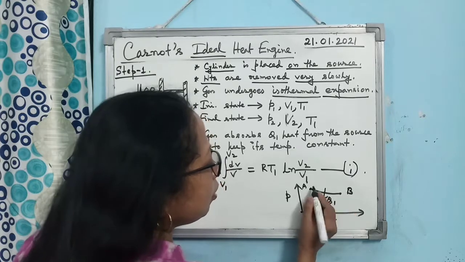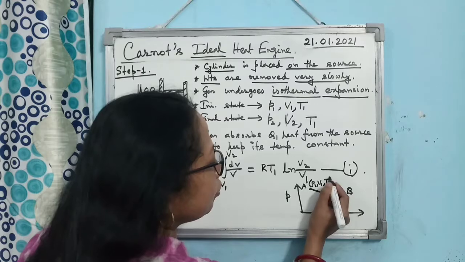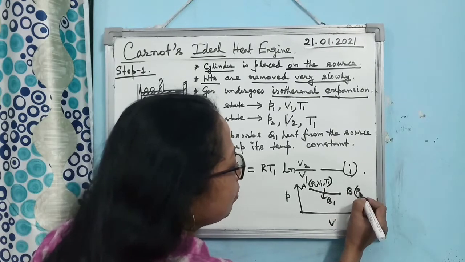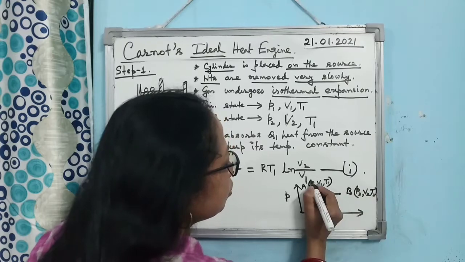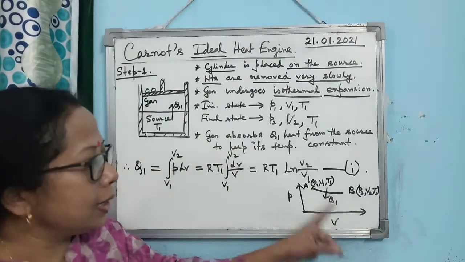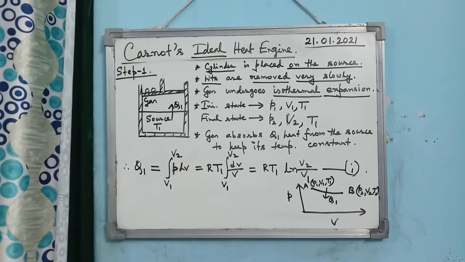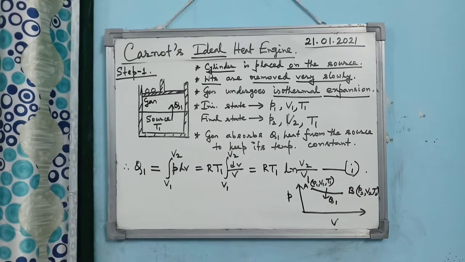So it will be Q1, and A is P1, V1, T1, and B has the parameters P2, V2, T1. Alright, so in the graph, it will look like this. So this is the first step of the Carnot's ideal heat engine.